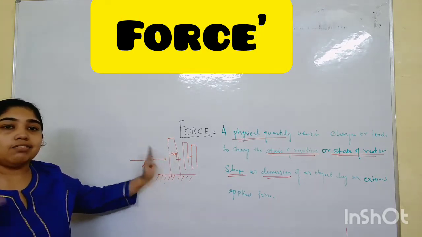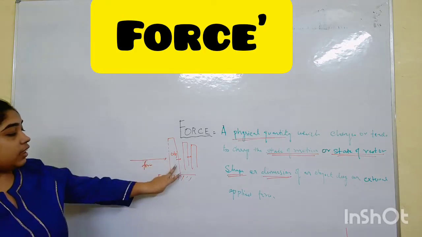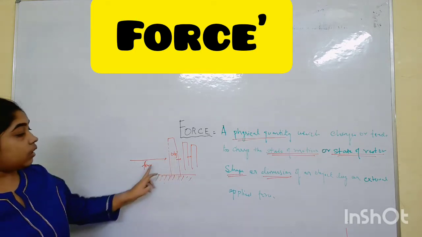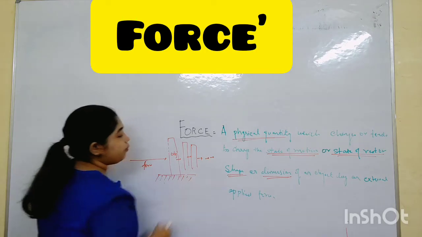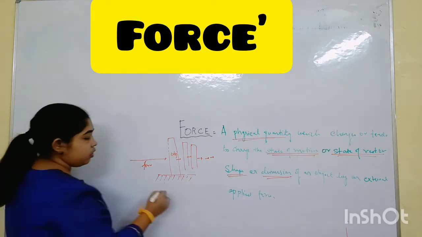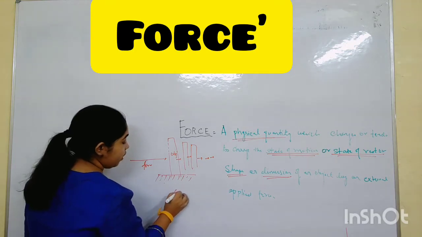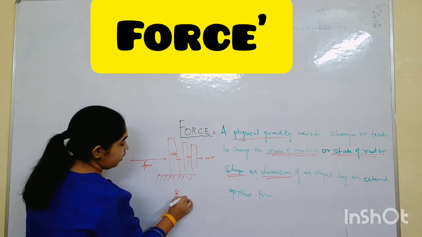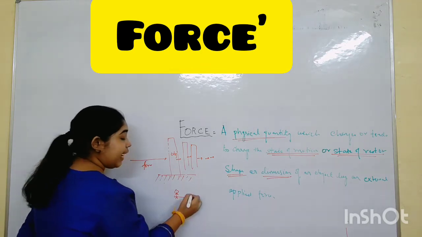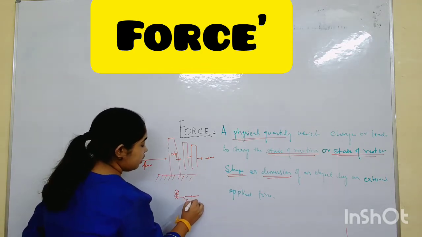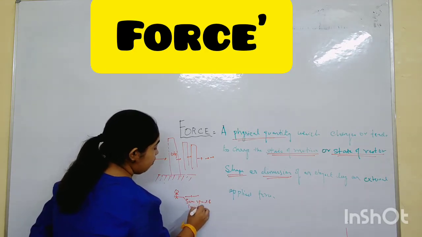Understood the sentence? Very important. An object will be at rest until and unless an external force is applied on it. See, an external force is applied on it, it will start moving and it will go on moving. Clear? One more, see. Suppose a person in a cycle, understand? He will continue to move with the same speed and same direction.